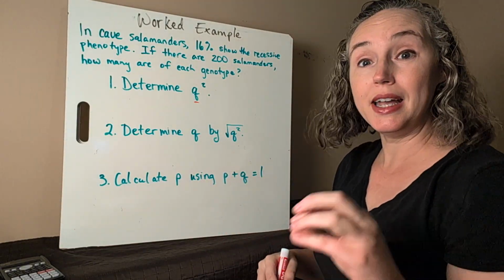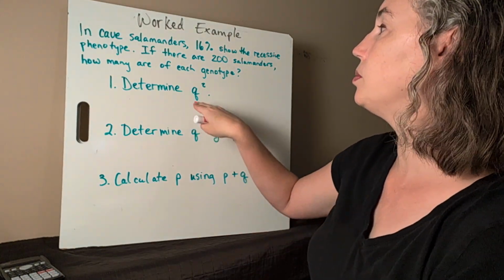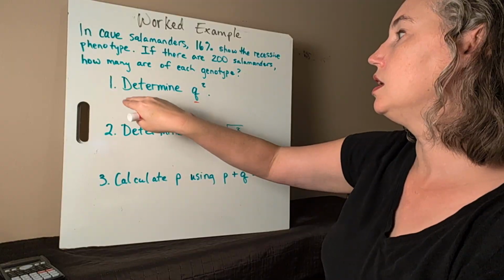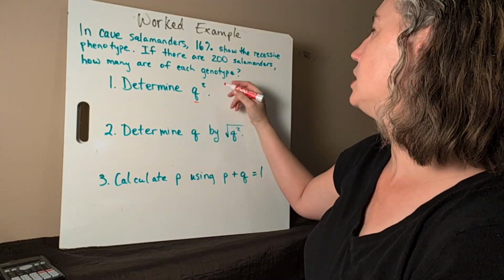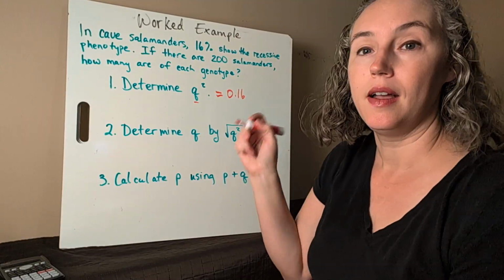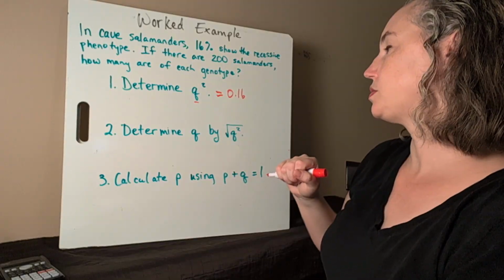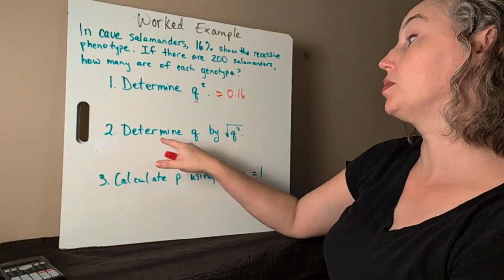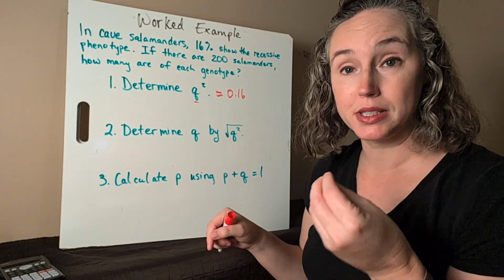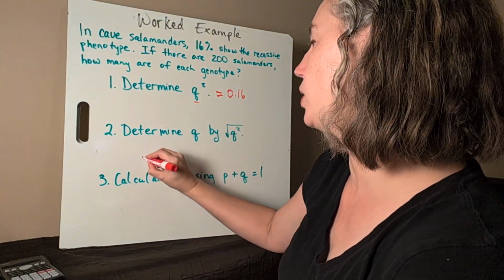So let's not forget, instead of percentages, we write percents as decimals. So based on the question, we know that Q squared equals 0.16. That's 16 as a decimal. Now we're going to determine Q, or the frequency of the recessive allele, by taking the square root of Q squared.